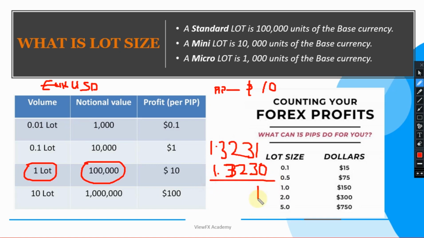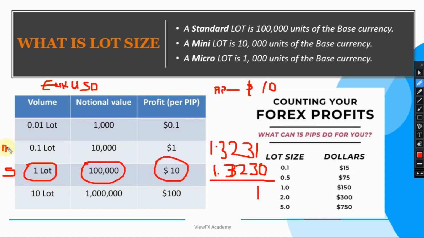It is one pip. So if you're trading a standard lot size, each movement on the chart is going to cost $10, either positive or negative, either in your direction or against you. That is what it means, because this is a standard lot size you're trading.